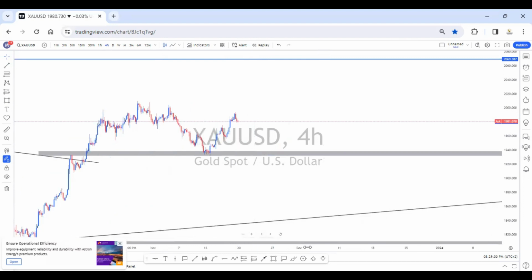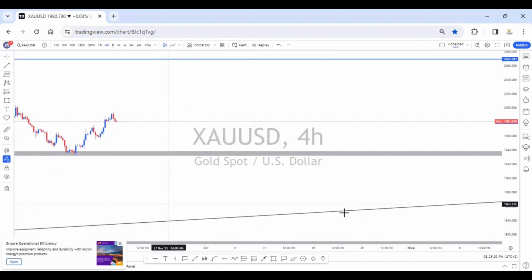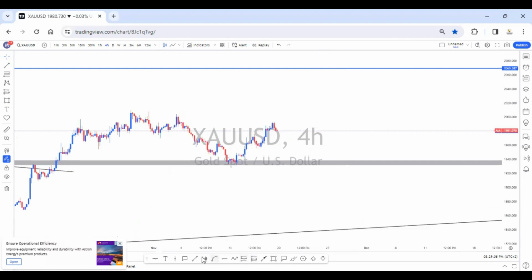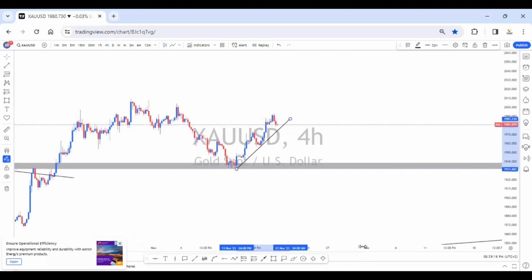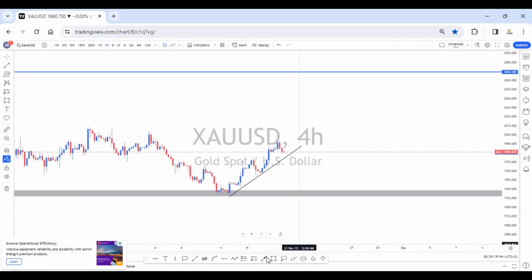So what I see right now on the gold, I'll just put my trend line to this level. Impulsive and correctively.